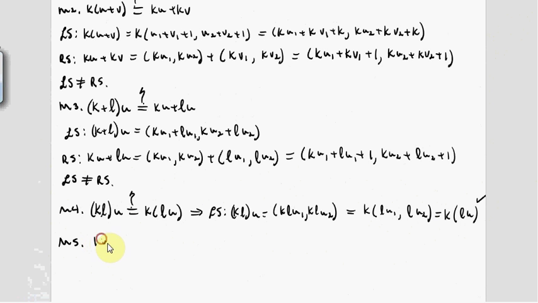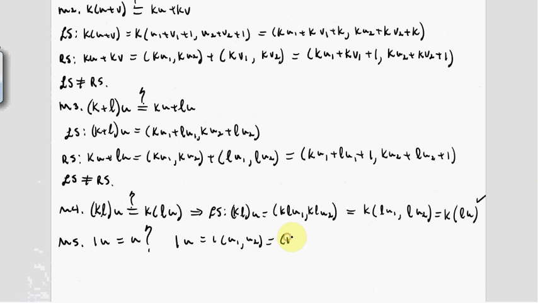M5, saying 1 times a vector, does that give us the original vector? Well, let's see. 1 times u is 1 times u sub 1 comma u sub 2. The standard definition for scalar multiplication is the scalar times each term inside the components of the vector.